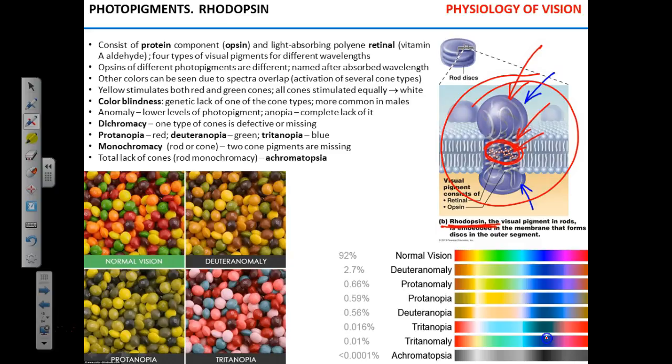And we talked about the overlap of spectra already. Combination of red and green gives you yellow. Does that make sense? Red and blue will give you something like purple. When they are all stimulated equally, you see white.